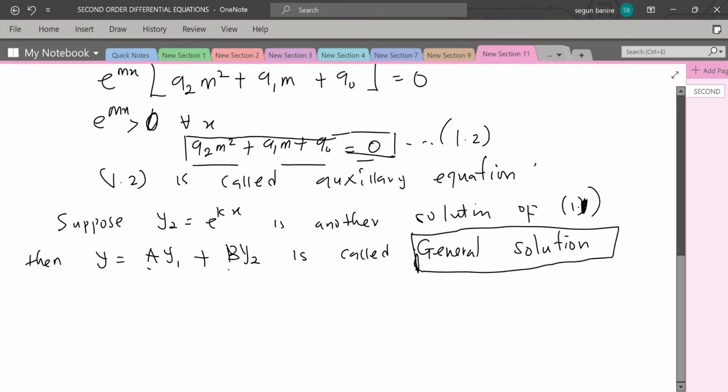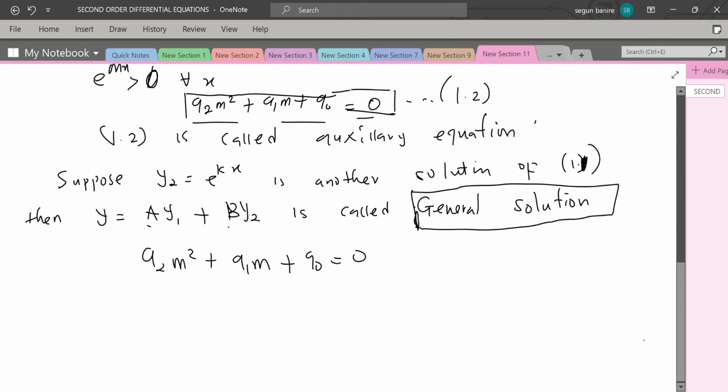So the next thing now is to study this auxiliary equation. Let's focus on it, because that is what we are going to solve, and it's more like a quadratic equation, so we have different kinds of roots. First, real and distinct roots.